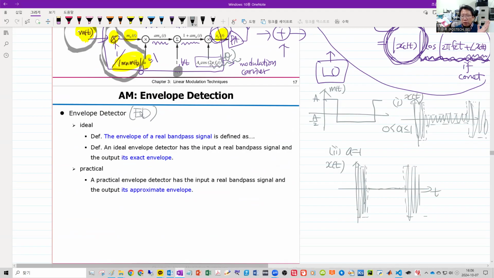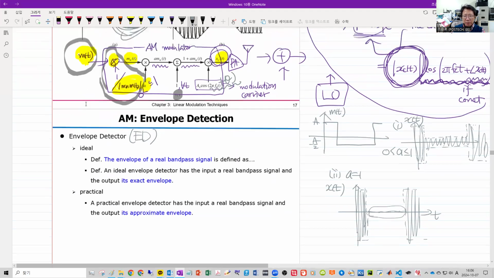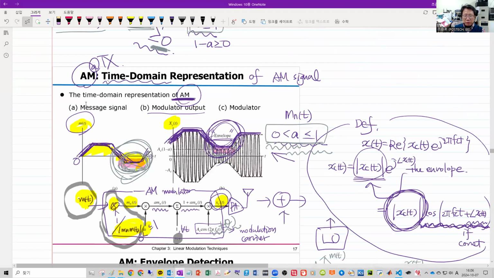So if the modulation index becomes smaller, then you have more carrier component and a small amplitude modulated component. If A becomes close to 1, you may have some 0 carrier here. Got it? That's the idea. So you have to be able to draw, sketch the AM modulator output given the value of A. Okay.